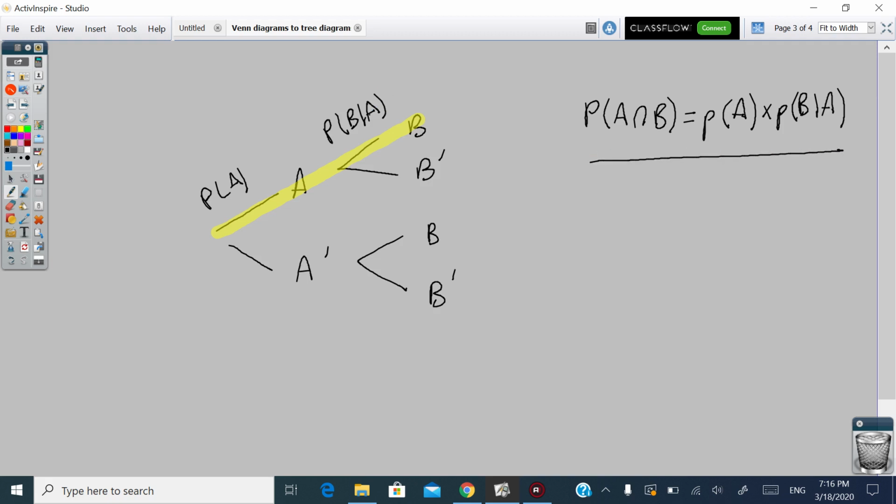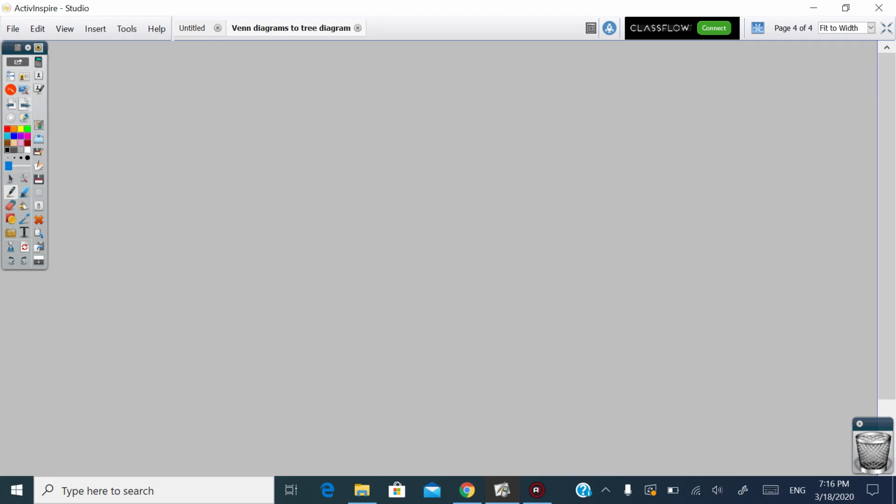So how do we use this? Now let's say that the probability of it raining is 0.1. So that we have the probability of rain and the probability of no rain.